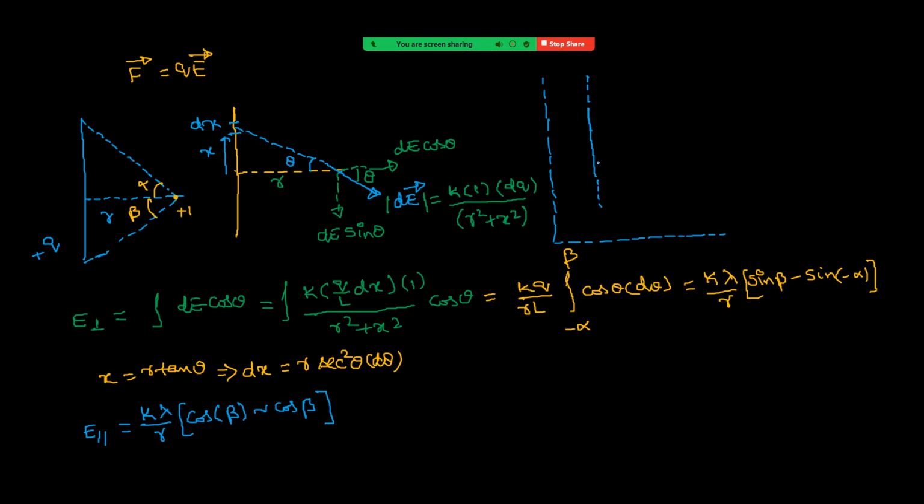We want to calculate the field at this point. Now if you observe the line joining this point to this end of the wire, that will be 90, right? Because this is up to infinity.